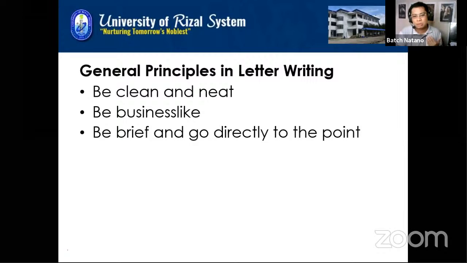If you would like to say something about the problems with regard to the products that you are selling, or let's say for example the adjustment letter that you are going to give in response to the claim or the complaint about the product that your company is selling, then go directly to the point. Okay? So that's a very important aspect in letter writing.